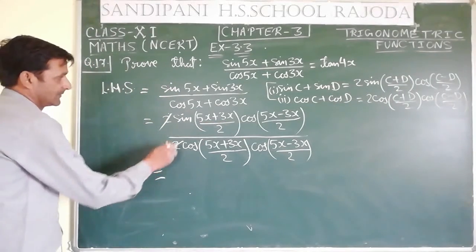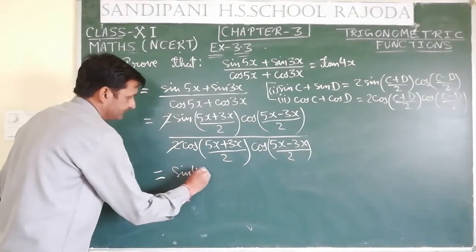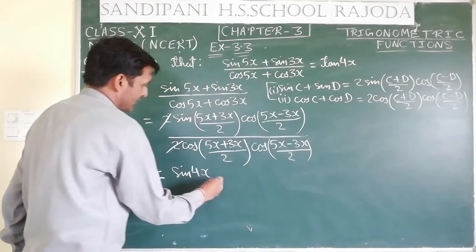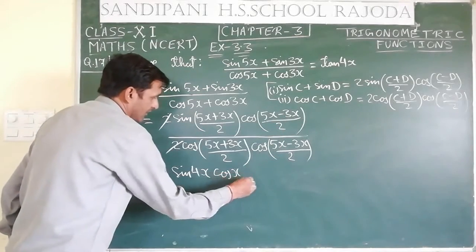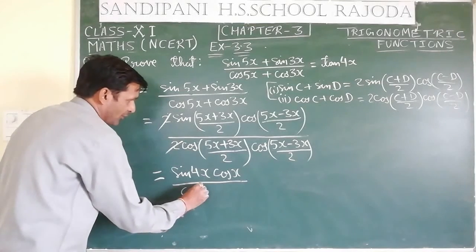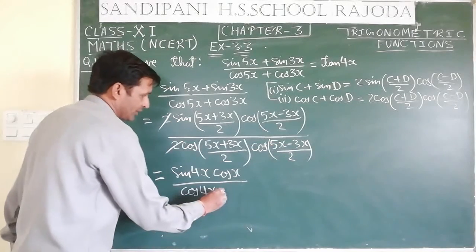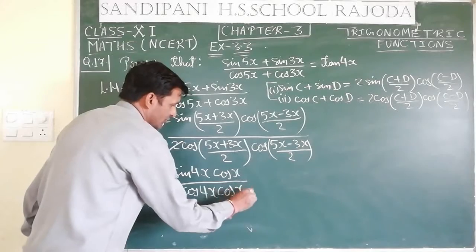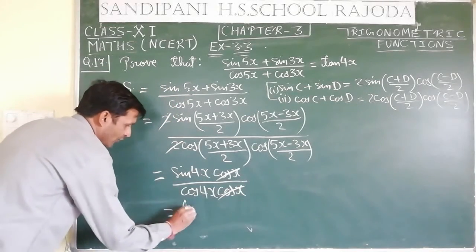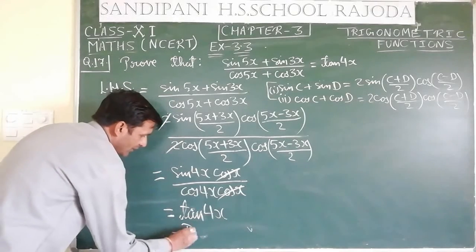Now sin 8x upon 2, that is sin 4x, cos 5x minus 3x means 2x upon 2, that is cos x, upon cos 4x, cos x. So this cos x is cancelled by this cos x. Sin 4x upon cos 4x is tan 4x, that is equal to RHS.